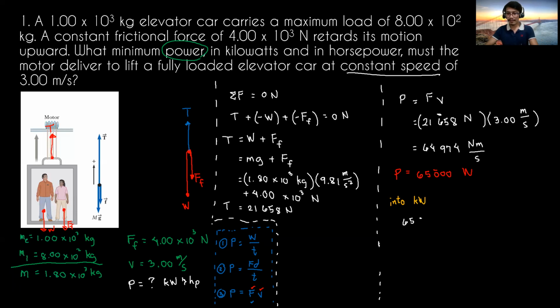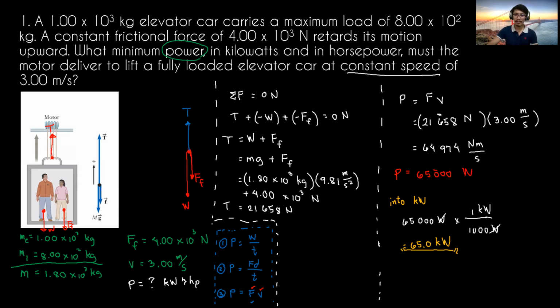So that's 65,000 watts. In 1 kilowatt, there are 1,000 watts. So just divide. And that will give us 65.0 kilowatts.